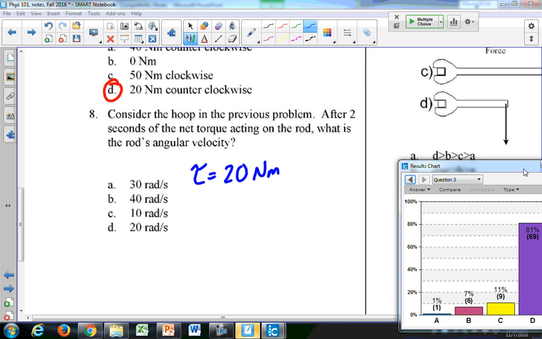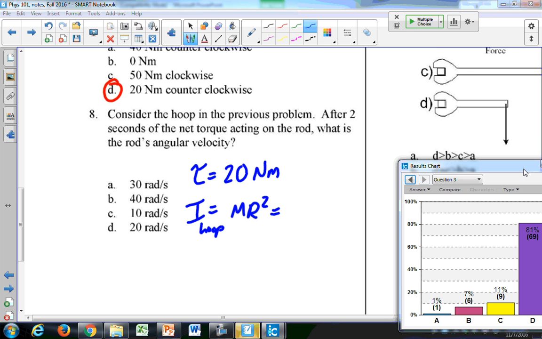We found that in the previous section. And now I need to find my moment of inertia. Well, this is a hoop, right? Like a hula hoop. And the moment of inertia of a hoop, if you look on that equation sheet, is equal to mr squared. You'll need to look on that because, if you know it, that's fine, but you should look.